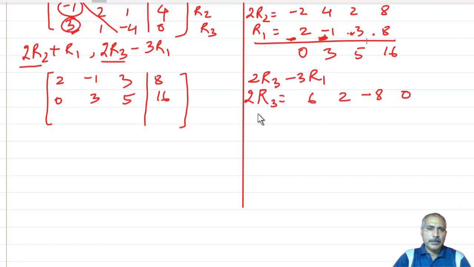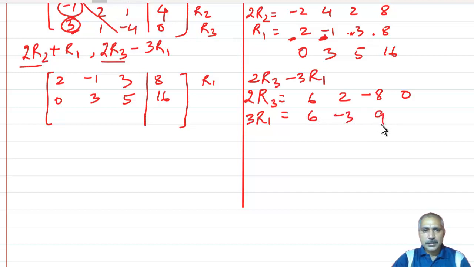And then we have 3 times R1. R1 is the same as in the previous matrix because we have not made any changes in it. So we multiply it by 3, it will become 6. Then 3 into minus 1 is minus 3, 3 threes are 9 and 3 eights are 24.